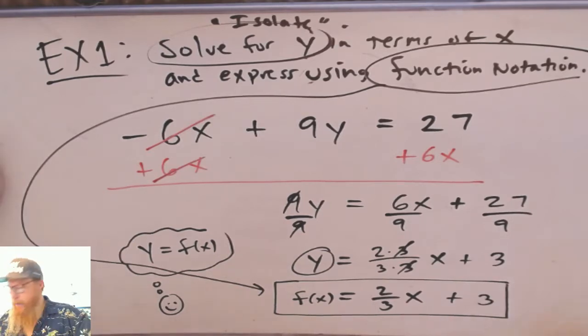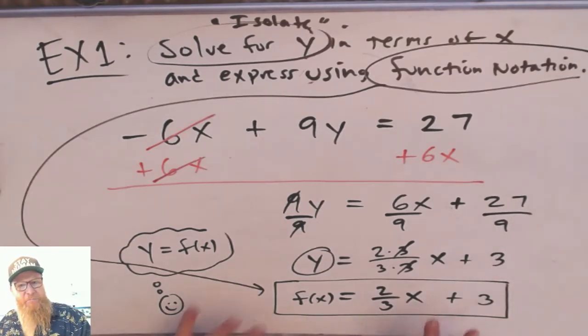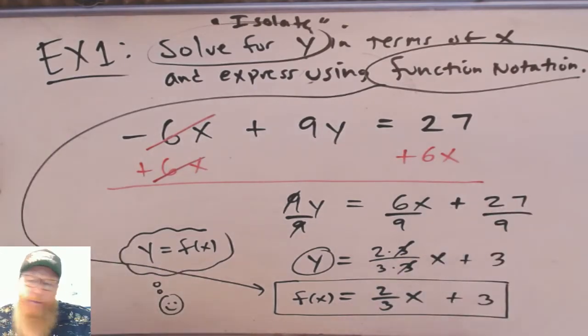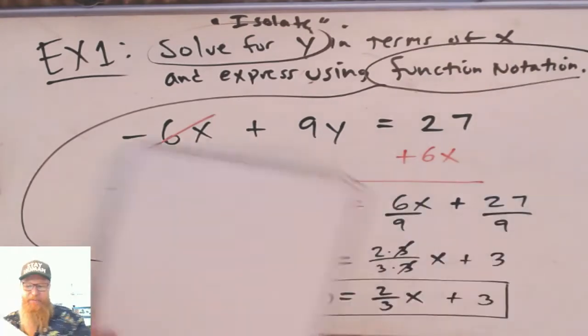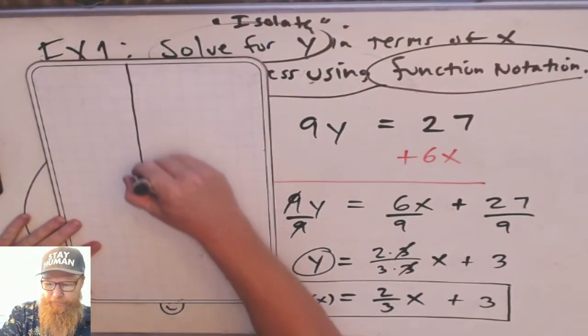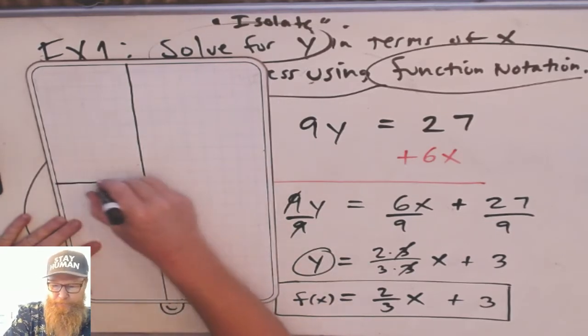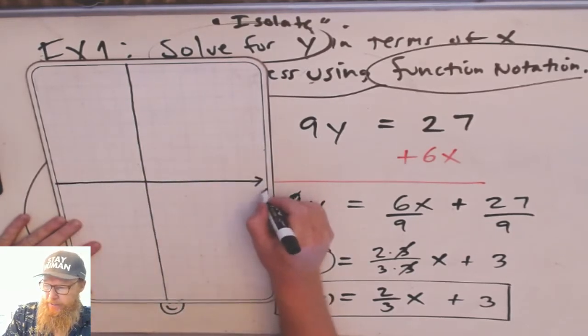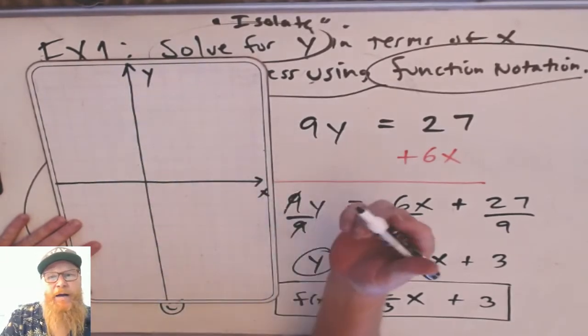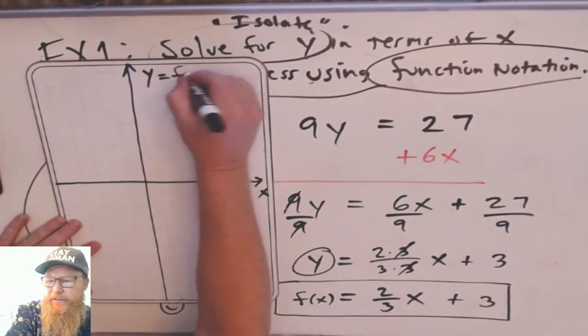Okay. Just for fun, let's graph this. Yeah, I know the question didn't say to graph it, but what the heck? I got some graphing time here. We'll just do it. So there's x, there's y, or you could call this f of x. Same thing.